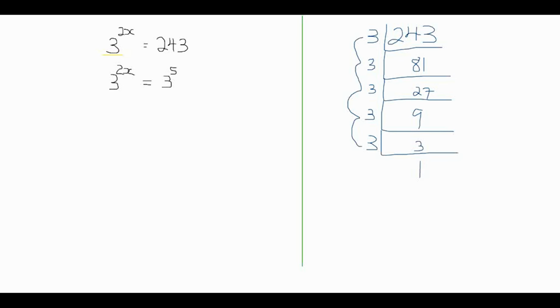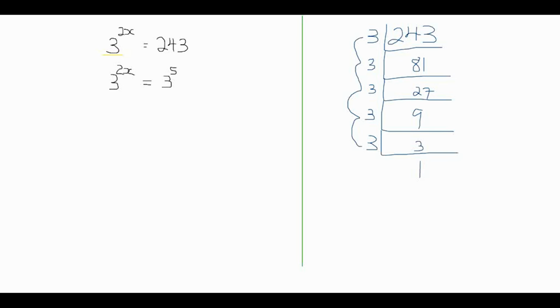As I was saying, because you want to convert it to base 3, consecutively divide by that base, and that will tell you what you're raising this base to the power of, so that you will be able to get back the 243. So 3 to the power of 5, because as you can see here, we did 5 consecutive divisions. 3 to the power of 5 will give us the 243.